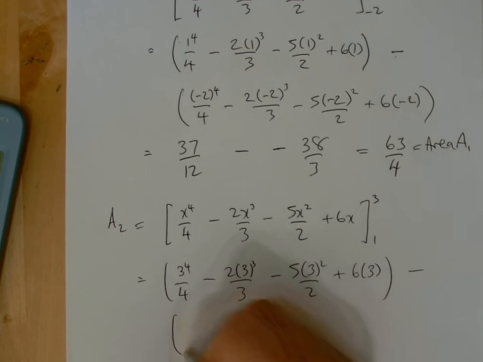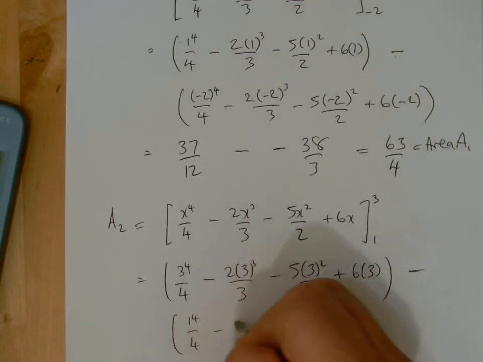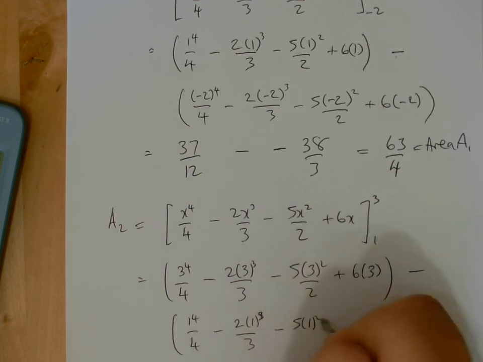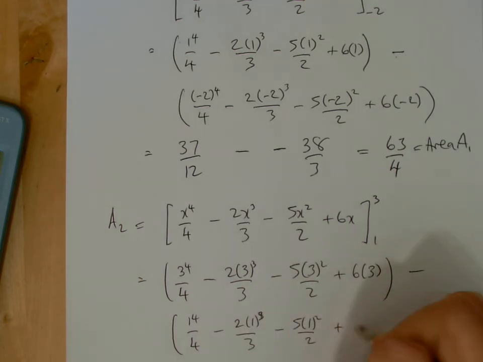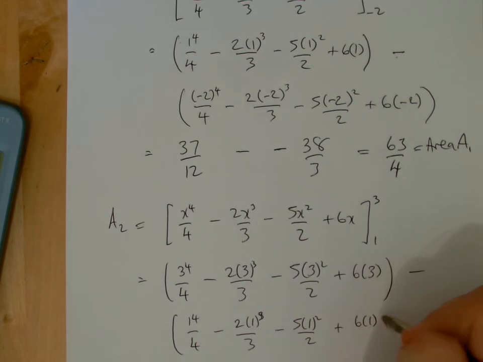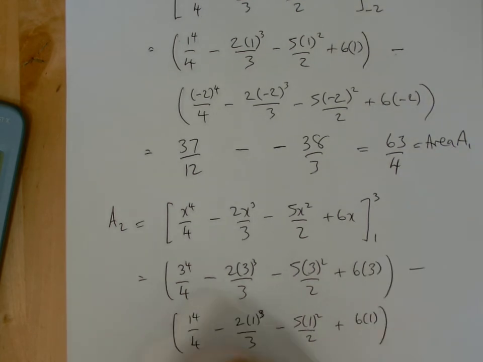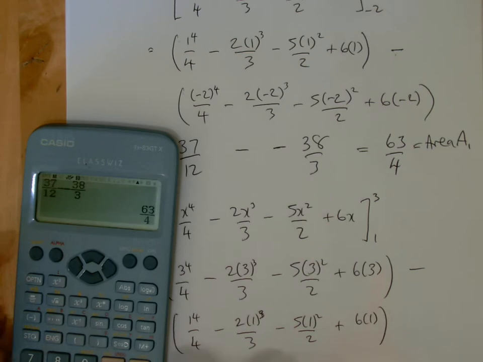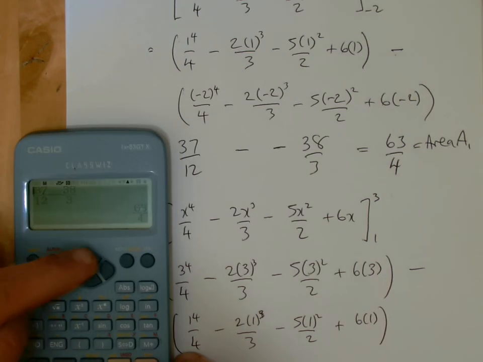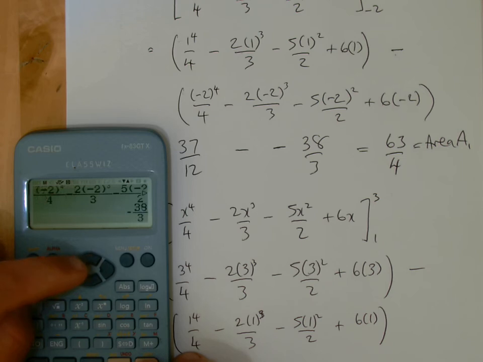Take away then the lower limits, you've got to put 1 in then. 1 to the power 4 over 4, take away 2 times 1 to the power 3 over 3, take away 5 times 1 squared over 2, plus then 6 times 1. So on my calculator, I'm going to work this out, and just be smart about this now. If you press the cursor button, the arrow up, you can find your working from before.